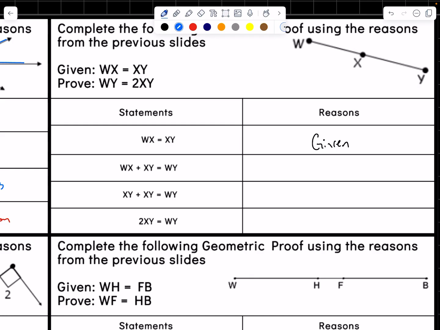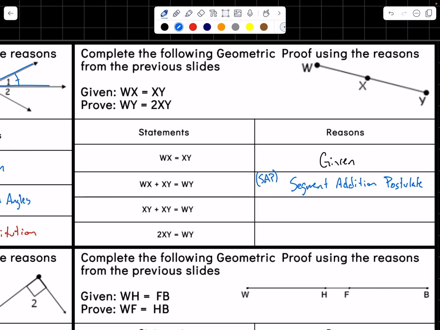Working my way down below, if I use the segment addition postulate, or SAP, which is what I'll use going forward, I know that Wx plus xy equals wy. So that's where this second step comes in. I can go on ahead and make that statement. That's not a problem at all.